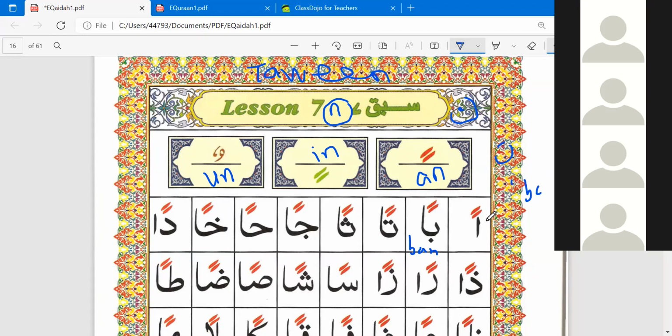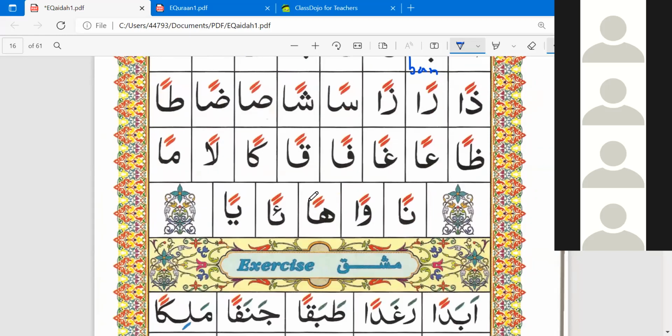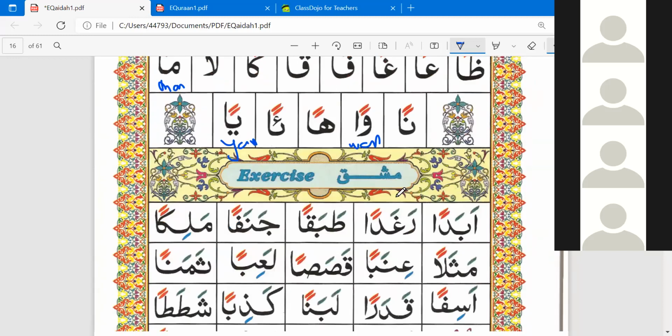But because it's turning, it becomes ban. Remember, tanween introduce sound what? So an, ban, tan. Okay? Kan, lan, man. Okay? Nan, wan, and yan. Tanween is what? Fatateni, kasrateni, and domateni.